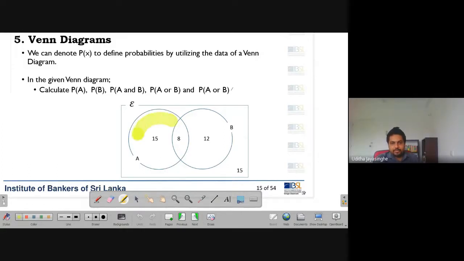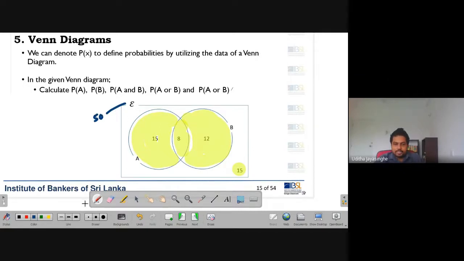This area is 15. Okay. This area is 12. Counted. This area is 8. 12 plus 8, 20. 20 plus 15 is 35. And what about all the other areas that we did not cover? It's 15. That means, students, epsilon is 50, isn't that so?